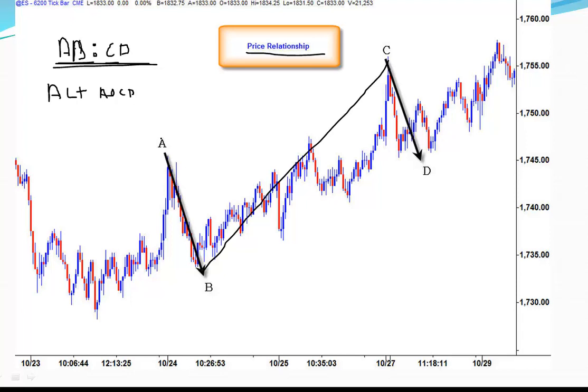So what do we have? Let's just say A was at 100 and B is at 90. Or we could just say it's at 46 and 34, right?